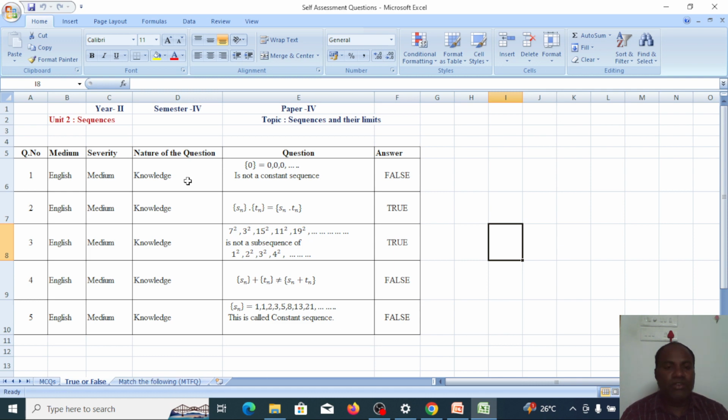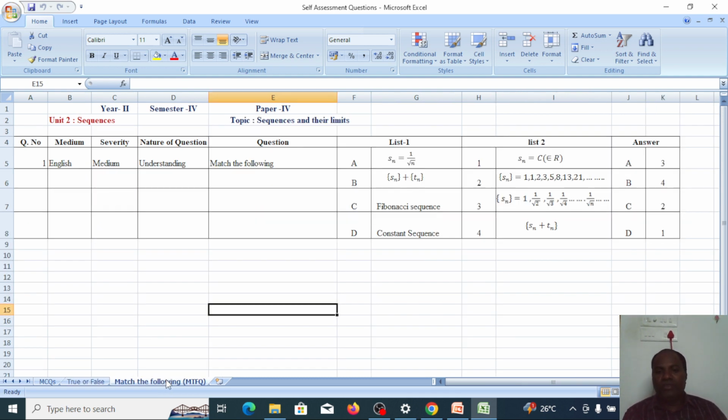In the same way, I am giving five true or false questions, and also match the following questions. For example, the Fibonacci sequence. Which is the Fibonacci sequence? The Fibonacci sequence is Sn equal to 1, 1, 2, 3, 5, 8, 13, 21. This is the Fibonacci sequence, this one is 2. Okay, for example, C, the answer is 2.